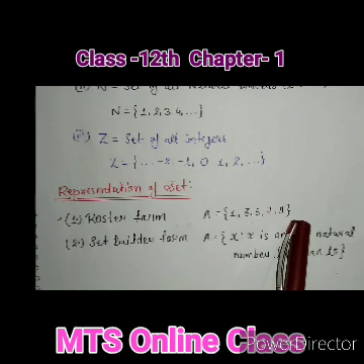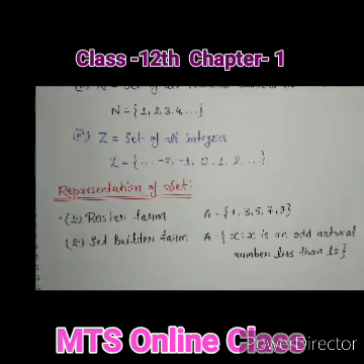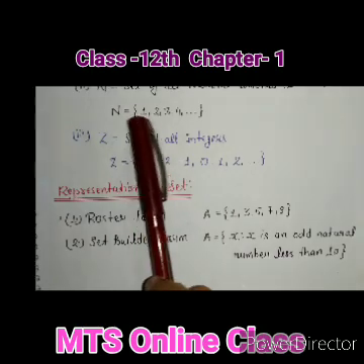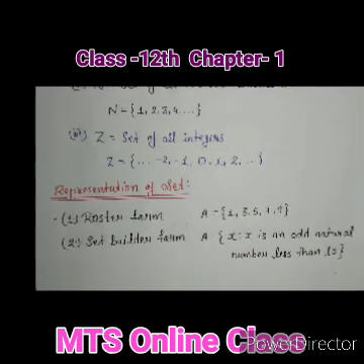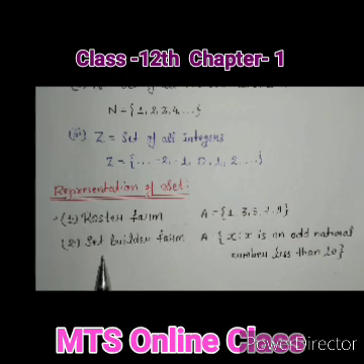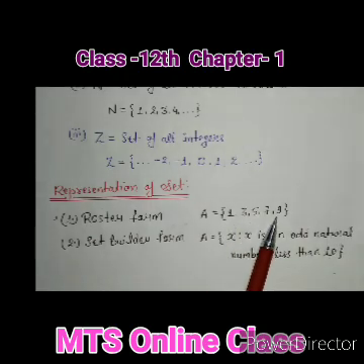The set of all natural numbers we can represent as N is equal to 1, 2, 3, 4, dot dot dot, that means so on. In set builder form, it is represented as A is equal to x such that x is an odd natural number less than 10. You see, here all numbers are less than 10 and all are natural numbers.